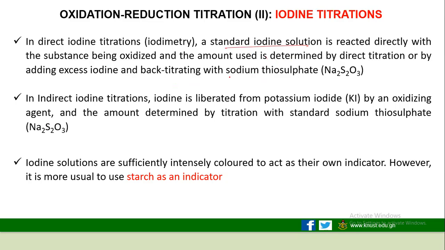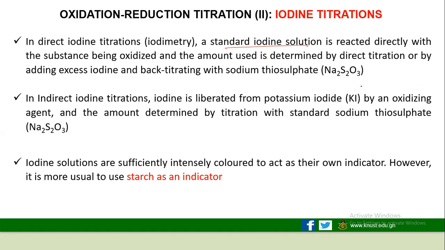So we present you with an iodine solution, and then that solution is reacted directly with the substance being oxidized, and the amount used is determined by direct titration or by adding excess iodine and back titrating with sodium thiosulfate. So this is how we do iodimetry. We use standard iodine solution. So we have the iodine solution already, and then we use it in the titration.